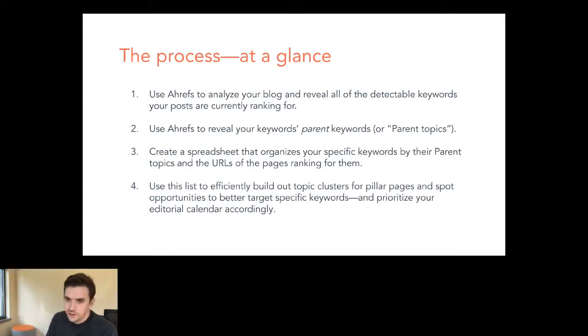So everything under /blog or however you have it configured, and it will look at all of those pages, your blog posts, and reveal all of the keywords in its database that you are ranking for. It could be first page, it could be all the way back to page 100. So it surfaces everything you're ranking for, and it's the things you are targeting, and it's things you might not have been targeting. It's everything you're actually ranking for and where. So we'll get that list and we'll export it.